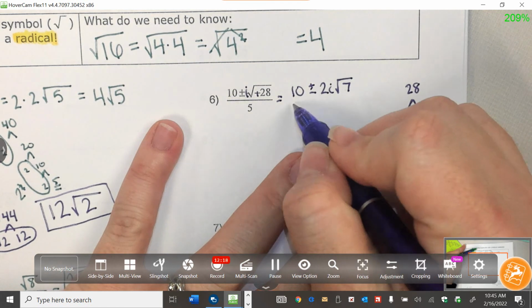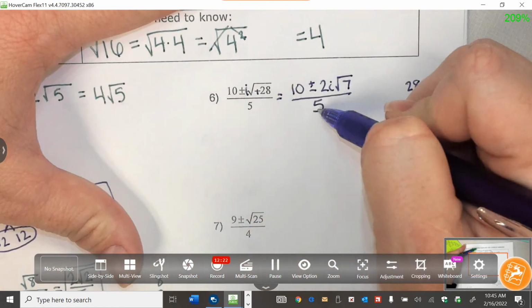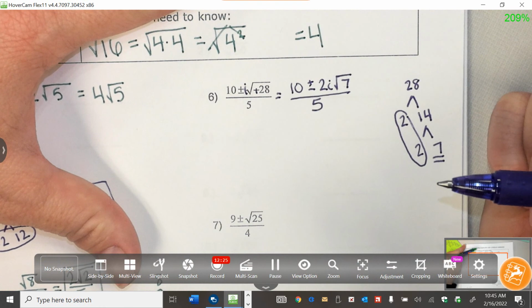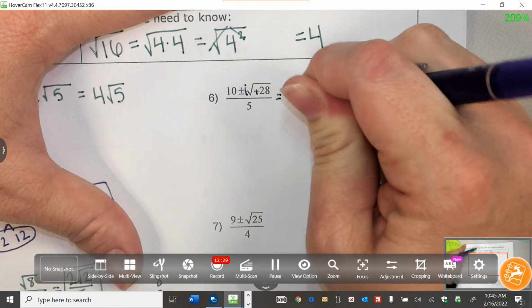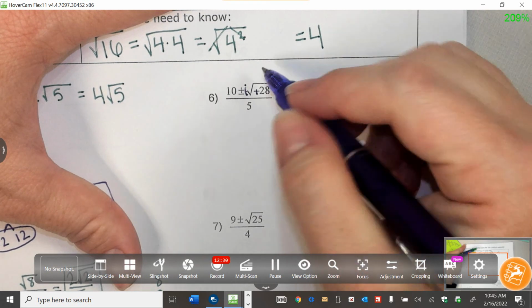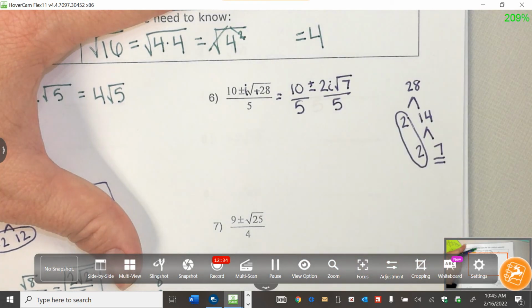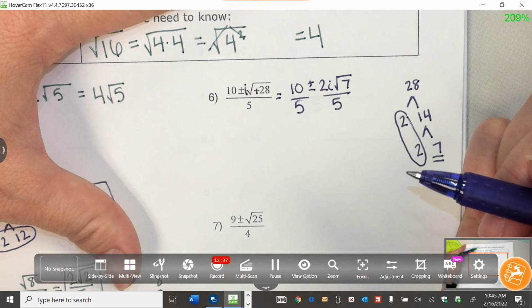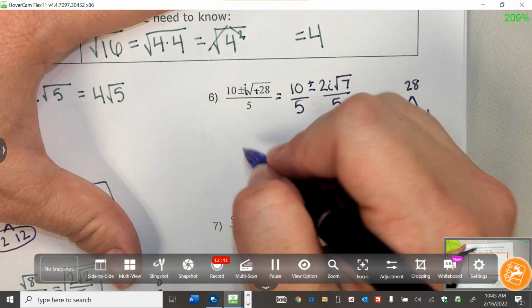Over 5. Now, doesn't 10 over 5 simplify? Technically, I can separate the denominator and have 5 and 5. What's 10 over 5 simplify to? 2.